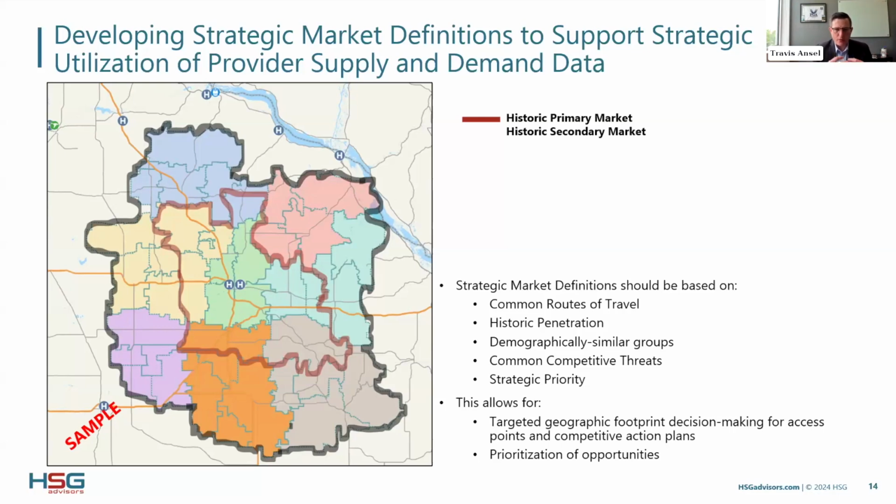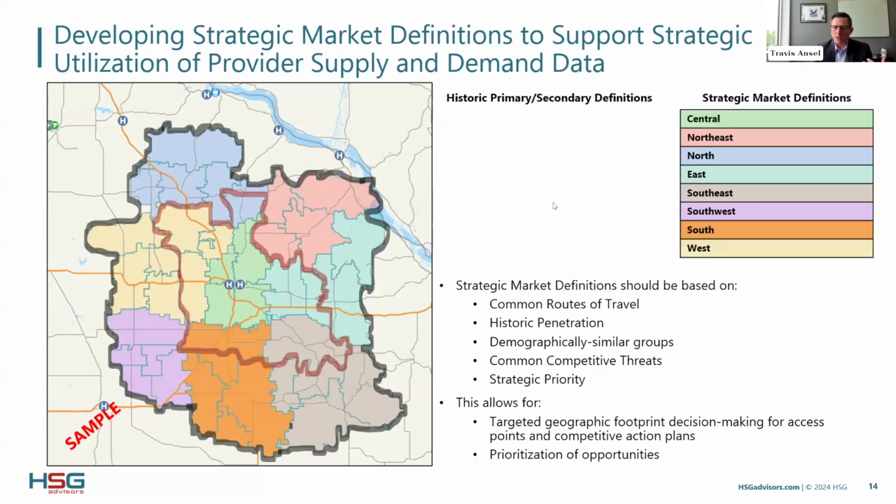Our pushback would be that to make this data effective, we have to segment our market, so that we're thinking about market definitions that may blend together primary and secondary, but are really more about how our patients travel. What is our historic penetration in that market? Are we the provider of choice? Are we competing with multiple other hospitals?